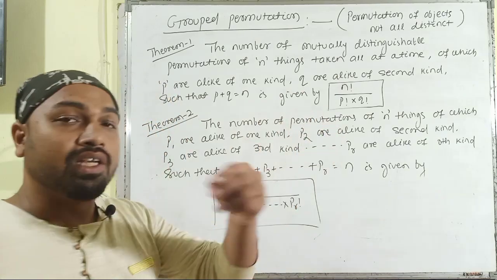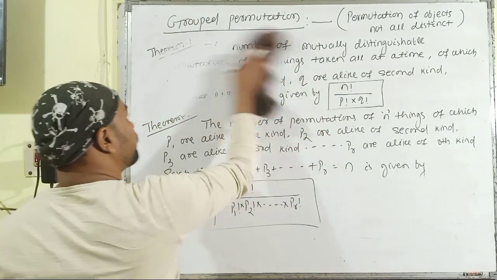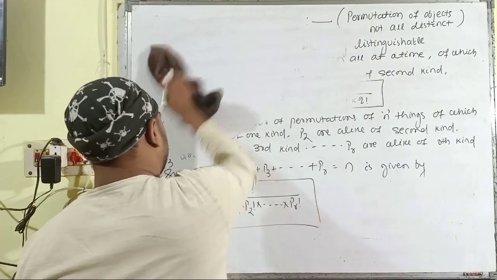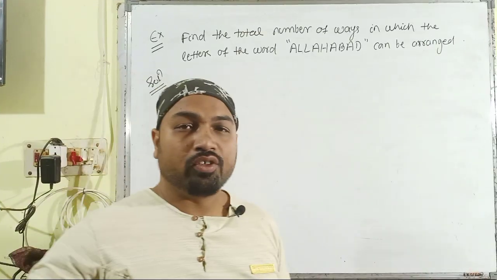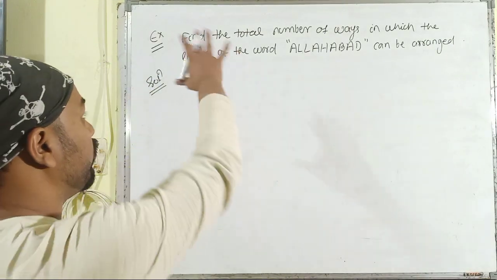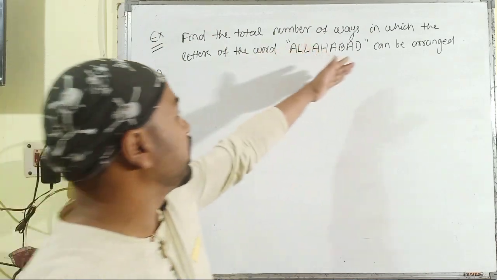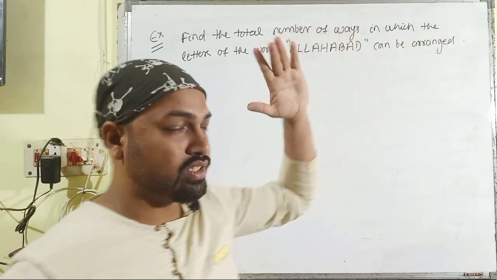After this fundamental, let us discuss an example based upon the grouped permutation. In this example we have to find the total number of ways in which the letters of the word ALLAHABAD can be arranged.